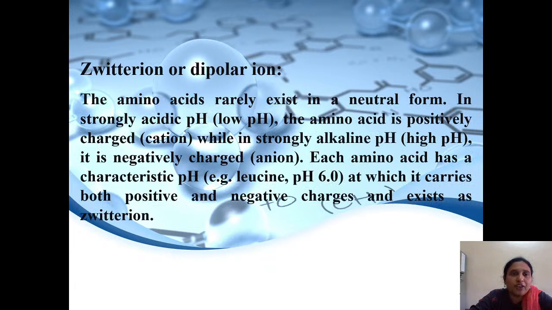Similarly, the isoelectric pH of leucine is 6, so at pH 6 leucine has an equal number of positive and negative charges.